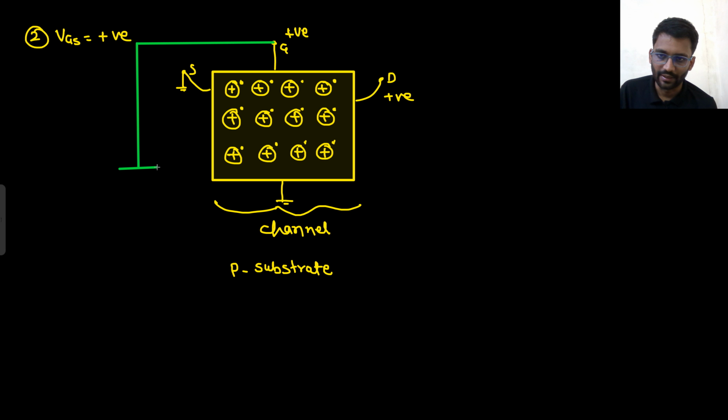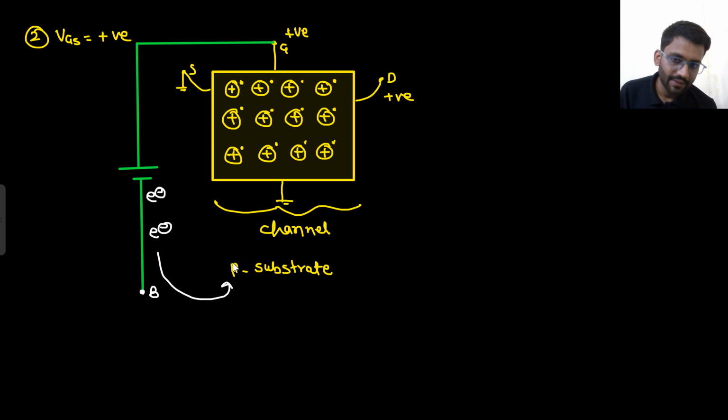You are giving positive supply, and then there will be this body terminal. So from here electrons will go, right? They will be going into the P substrate, and in the P substrate these holes are there. So first these electrons will recombine with these holes.